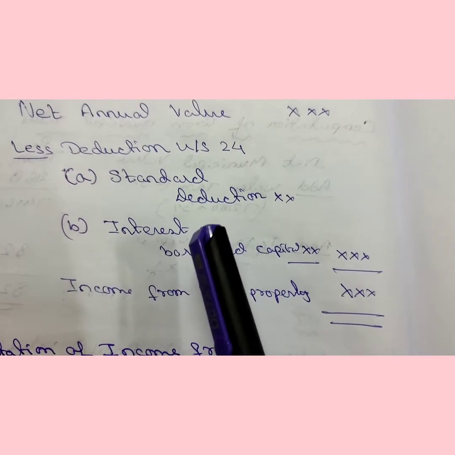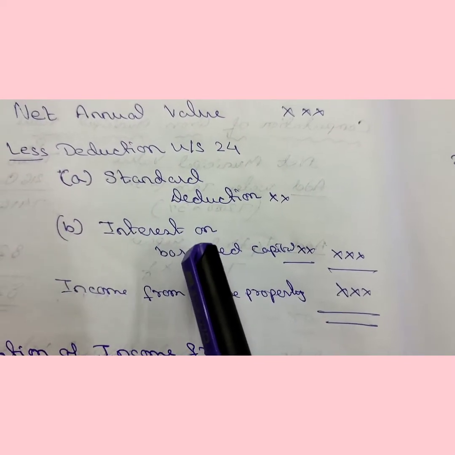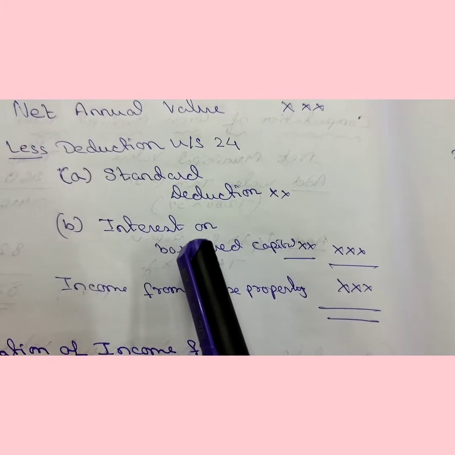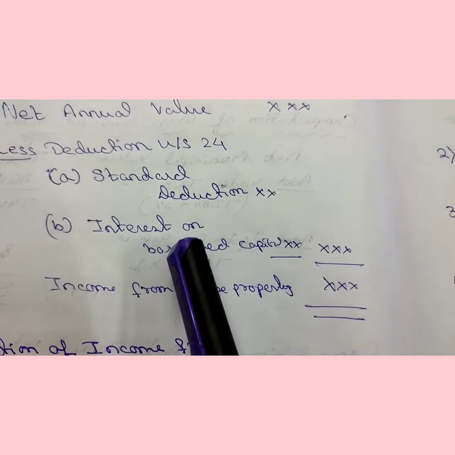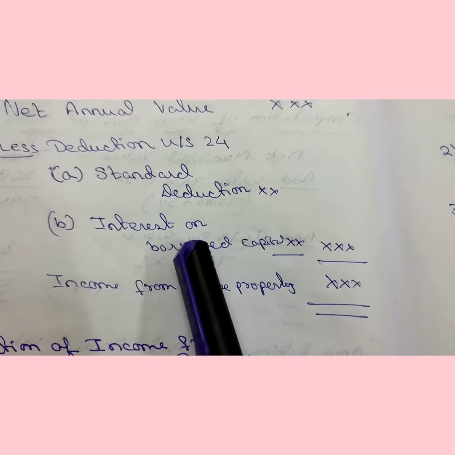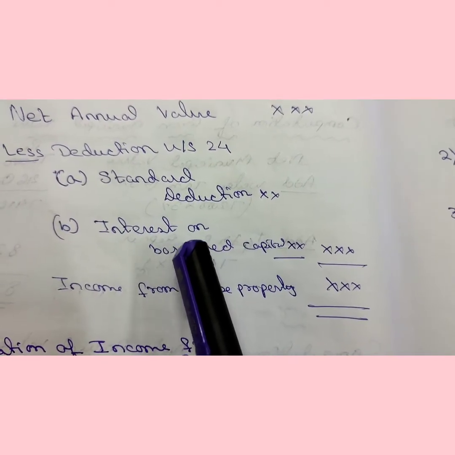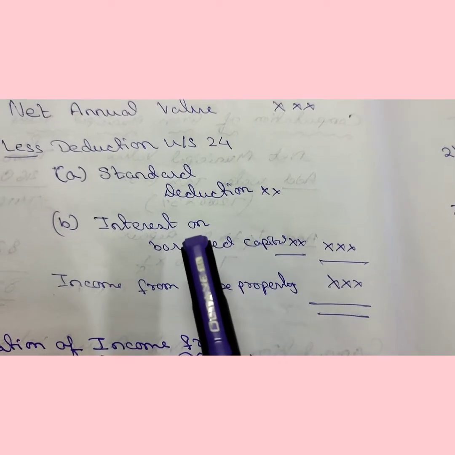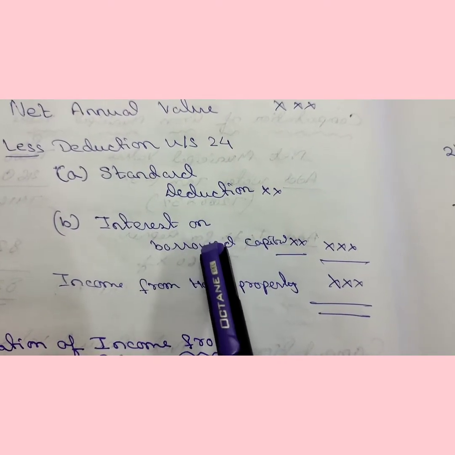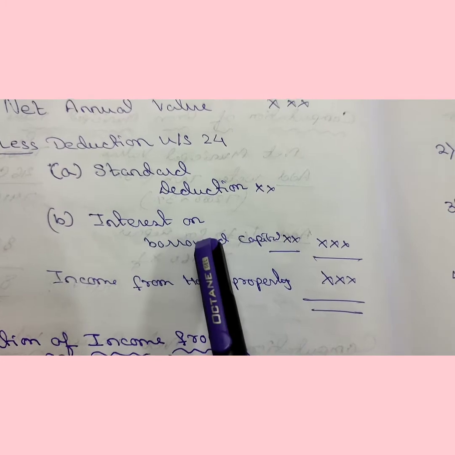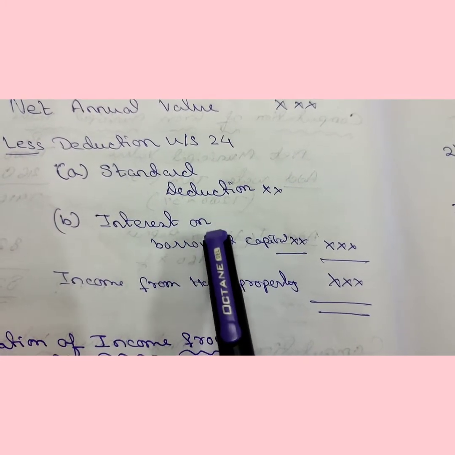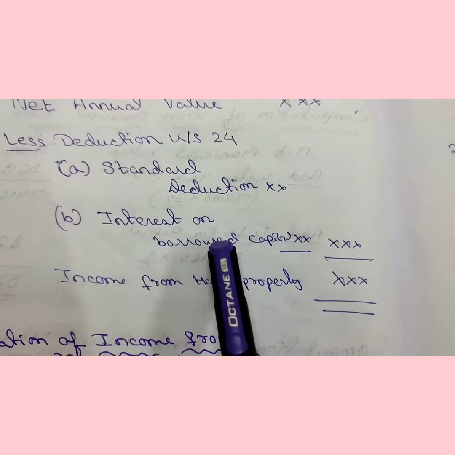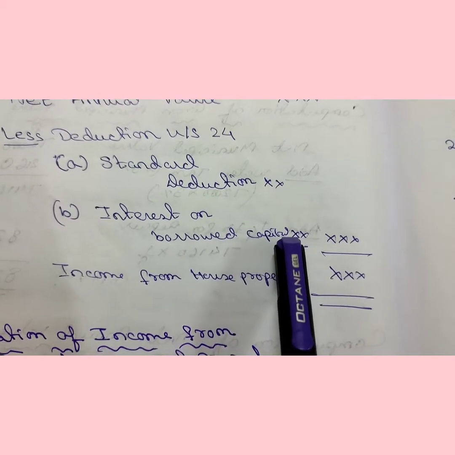Now this loan must be taken for the house. Suppose a person took a loan for education of his son or marriage of his daughter, that interest will not get deduction here. Interest gets deduction only for the capital which is taken for construction, repair or renewal of house.